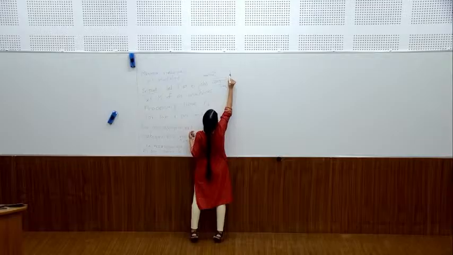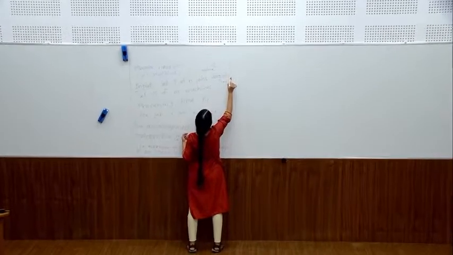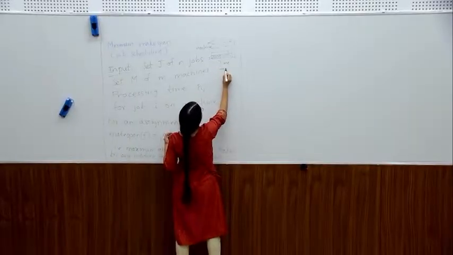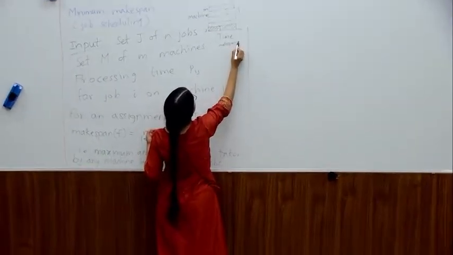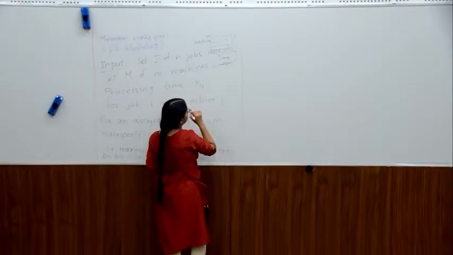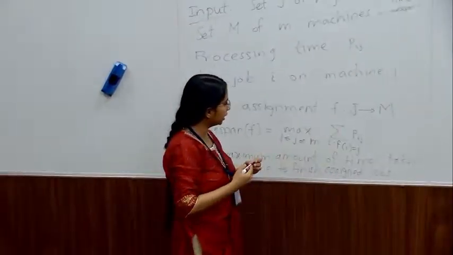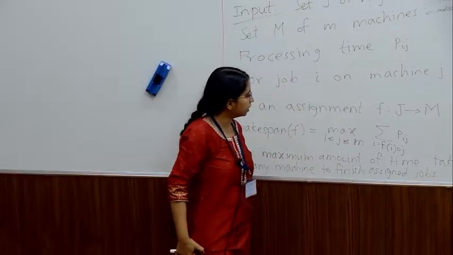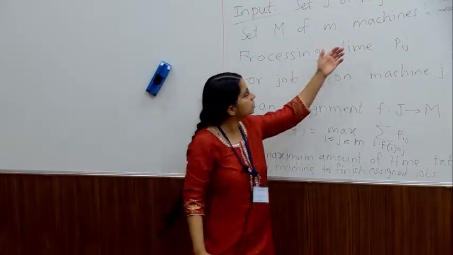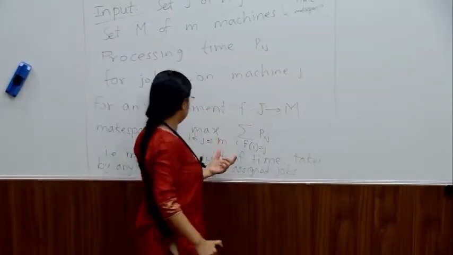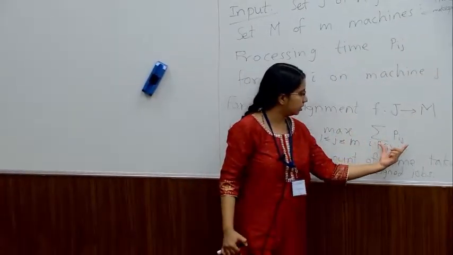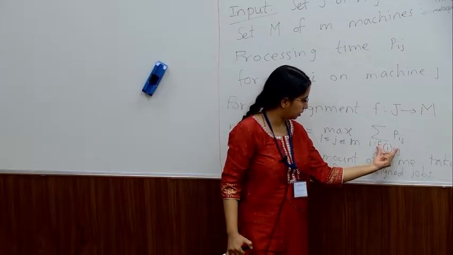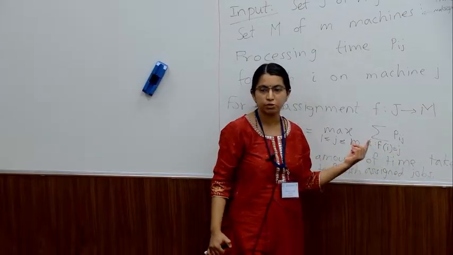So here the makespan will be determined by the machine which finishes last. So this interval is our makespan. Each machine can execute only one job at any point of time, but whatever jobs get assigned to it, it will finish them one after another. So it will take the summation of p_ij amount of time, where i only refers to those jobs which are assigned to that particular machine.